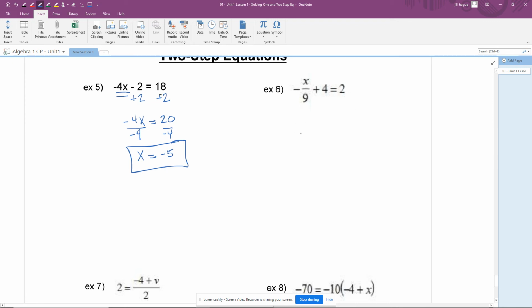Okay, here's your answer after you've tried it. Subtract 4 from both sides. Be careful of negatives. It's the number one mistake kids make. That goes to 0. 2 minus 4 is negative 2. Now, I'm going to assign this negative down here, because it's sitting out front. I have division. How do I undo division?